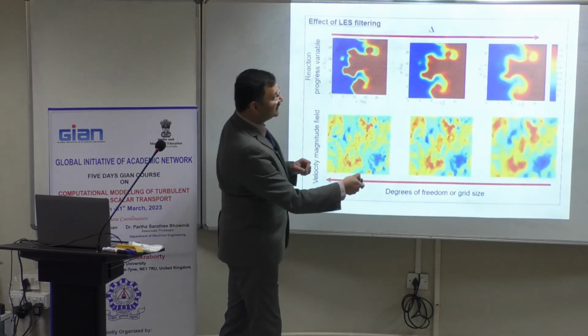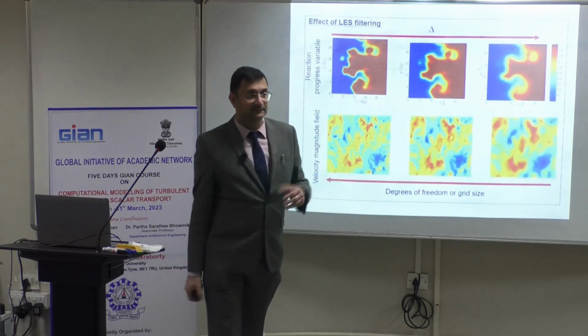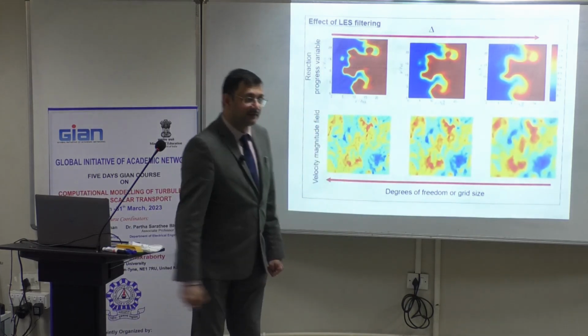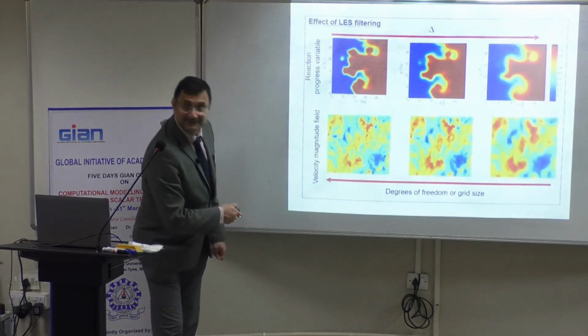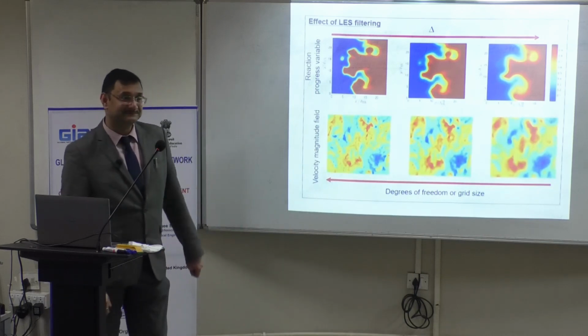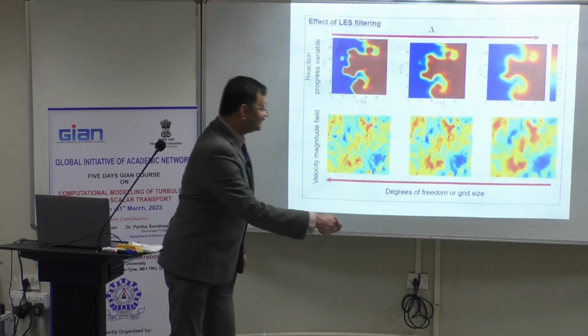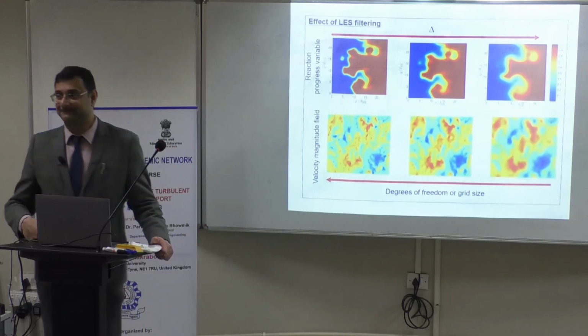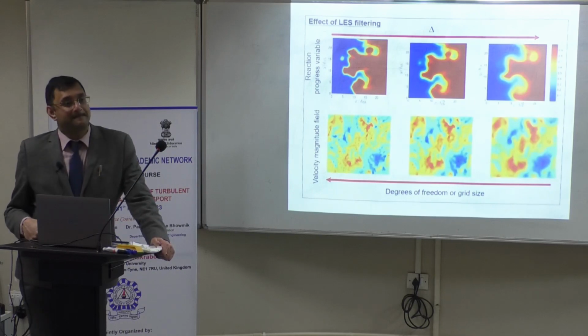You can see this is the velocity field in a 2D plane. If you have DNS level of resolution, you see much more detailed fine structures. So the degrees of freedom of the grid increase in that direction. Clear?